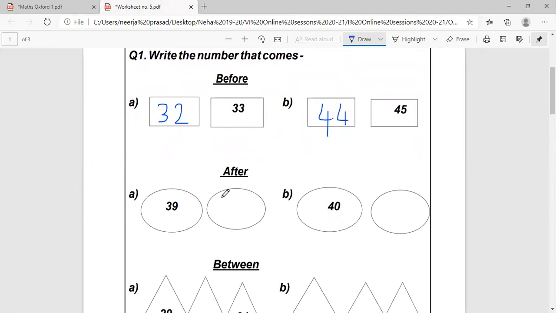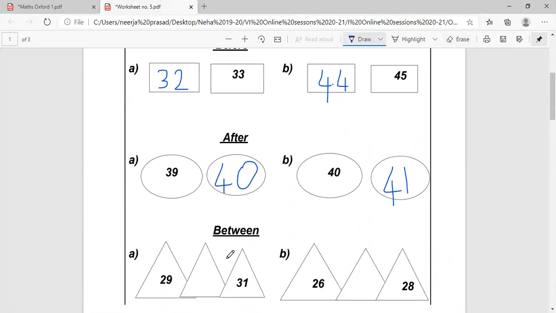After 39 comes 40. After 40 comes 41. Okay. Write it neatly.